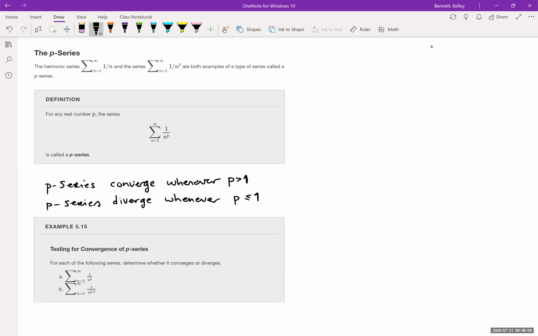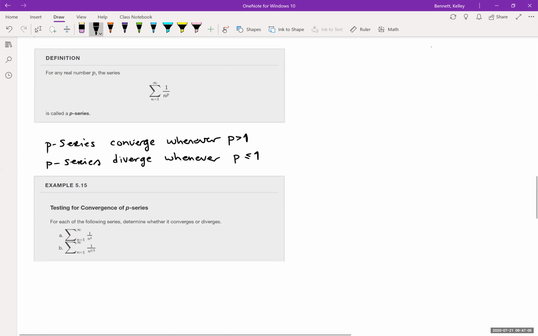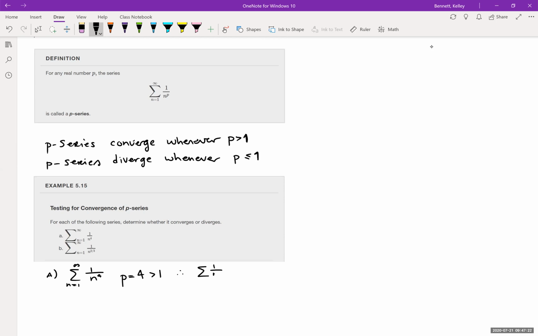All right, so let's use the definition of a P series and what we know about its convergence and divergence properties in this example 515. So in A, we see that P equals 4. 4 is bigger than 1, therefore 1 over n to the 4th converges. Again, we're not saying what it converges to.